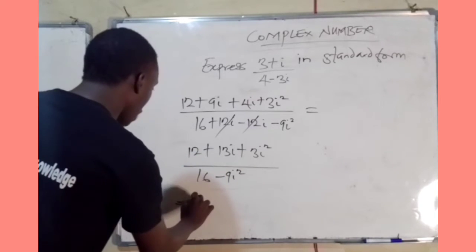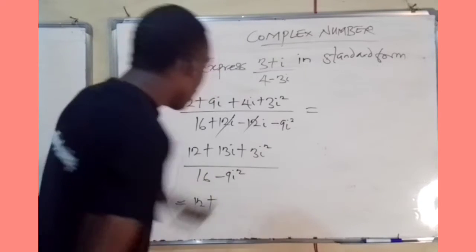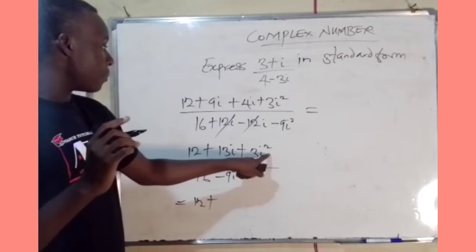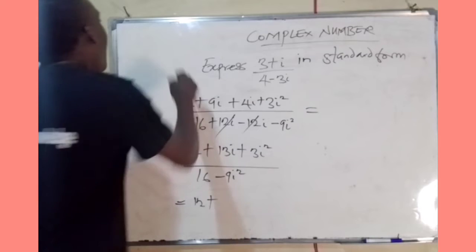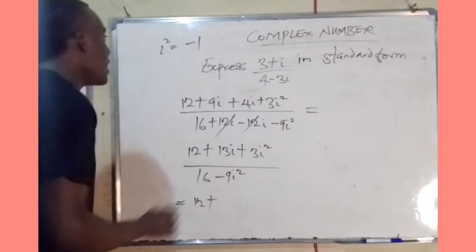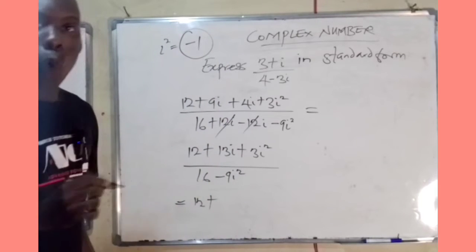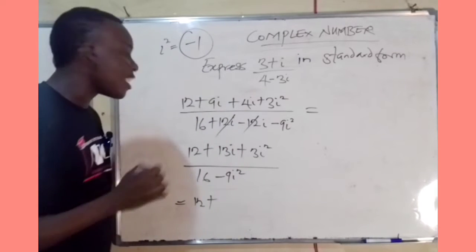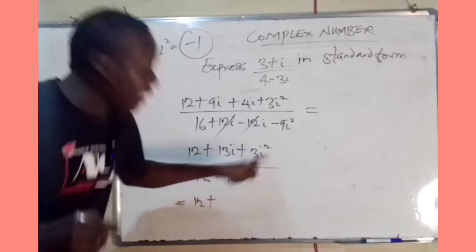Okay, from here I'll simplify further. Now I have i squared here. From complex numbers, i squared is equal to minus 1. So I'm going to substitute the value of i squared, which is minus 1, in the given problem.